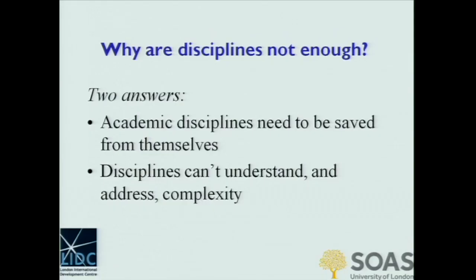This is John Harris's phrasing: academic disciplines need to be saved from themselves. That's one. Let's say that's the critical moment. And the second reason is disciplines can't understand and address complexity. That's, let's say, the instrumental moment of interdisciplinarity.